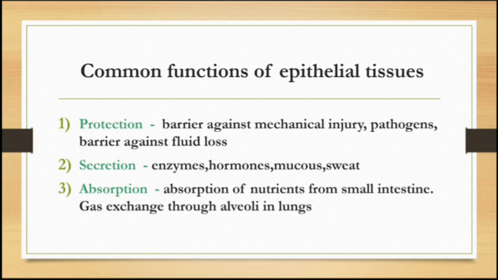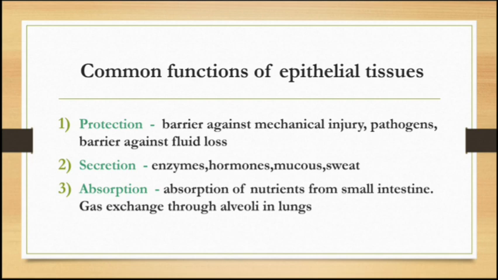Some epithelial tissues can be identified in glands, so they secrete hormones, and some epithelia, for example, in the digestive tract, secrete enzymes and mucus; in the respiratory tract, they secrete mucus; and also secretion of sweat.